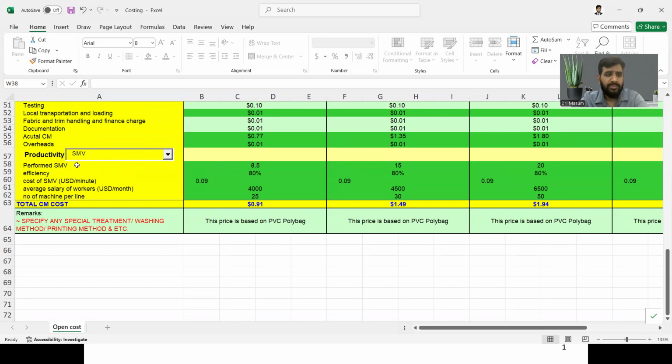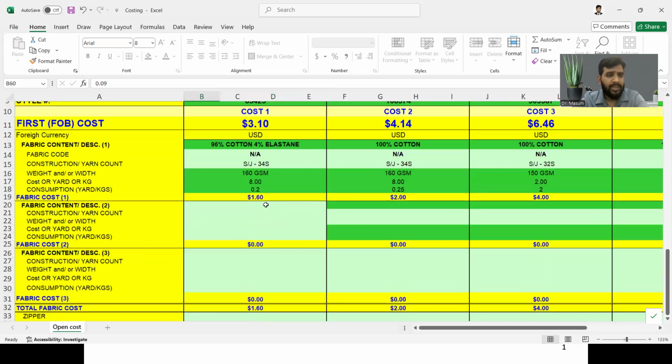Here, the standard minute value to produce a product is 8.5, the efficiency rate of the factory is 80%, and the per minute cost in the factory is 0.09. The multiplication of 0.09 by 8.5 and 0.80 is equivalent to $0.91.